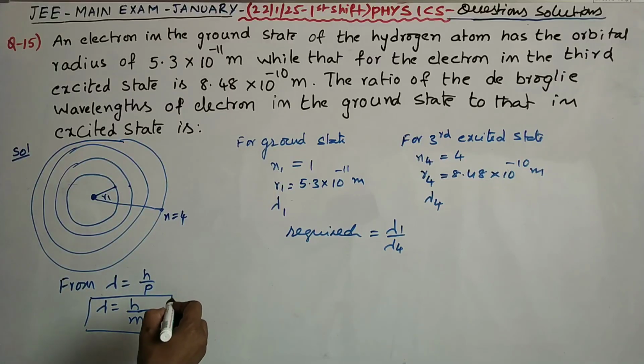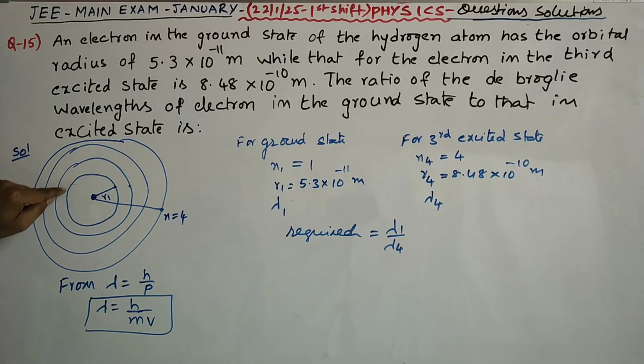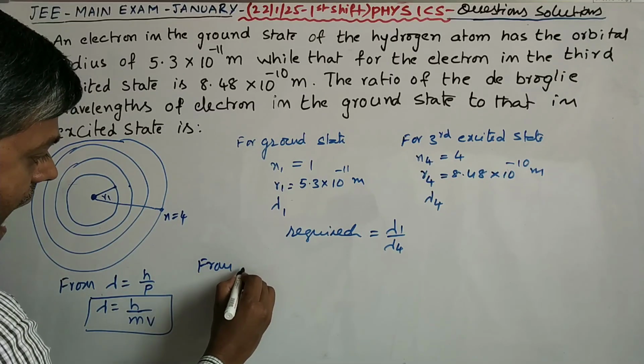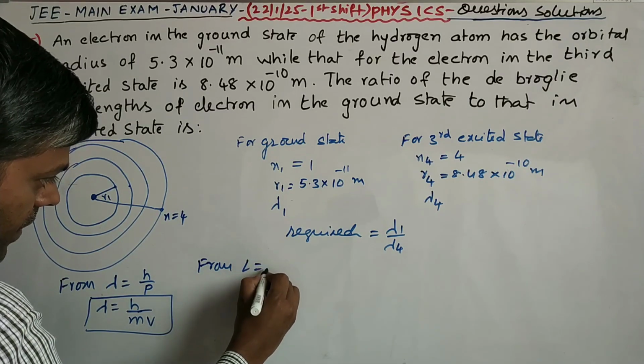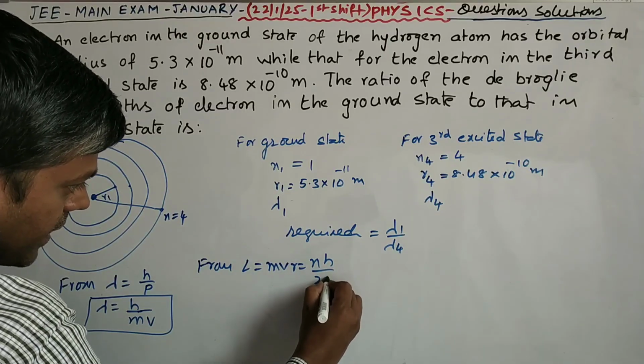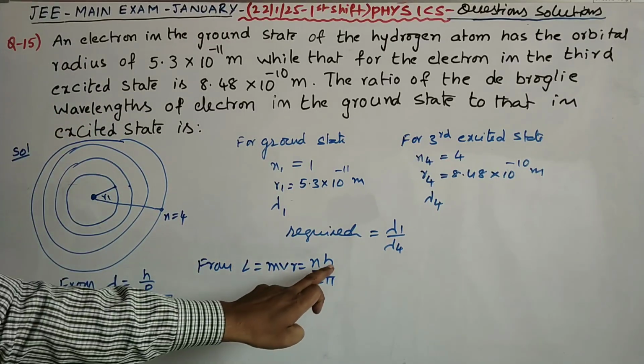For that you can use the postulate of Bohr: while an electron revolves in its permitted orbit, its angular momentum L is equal to mvr, which is equal to nh by 2 pi, that is, integral multiples of h by 2 pi.